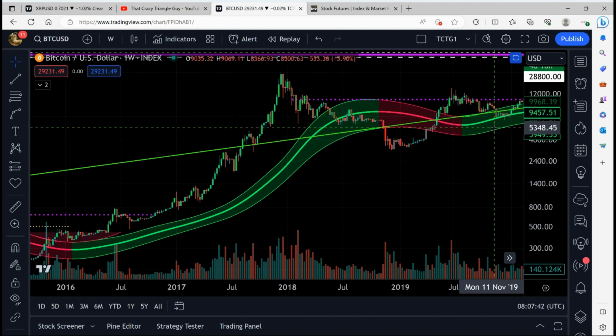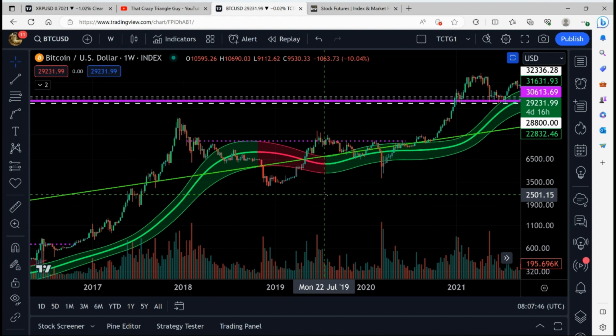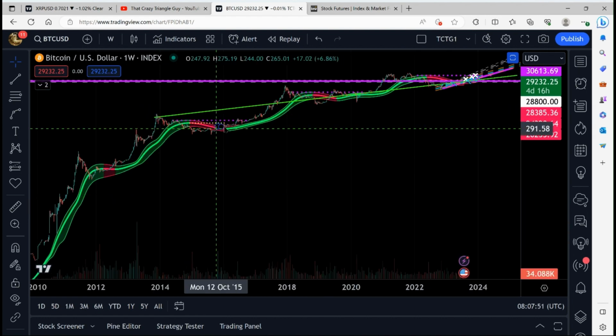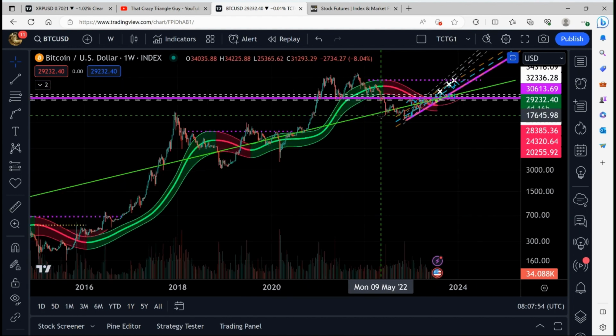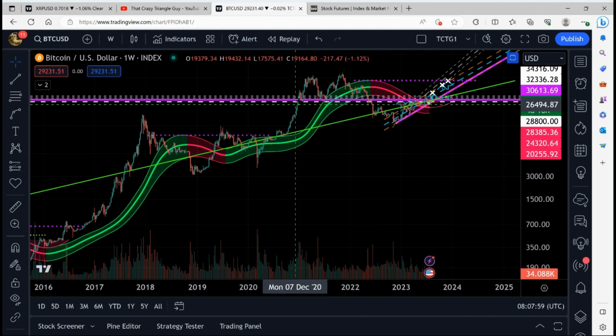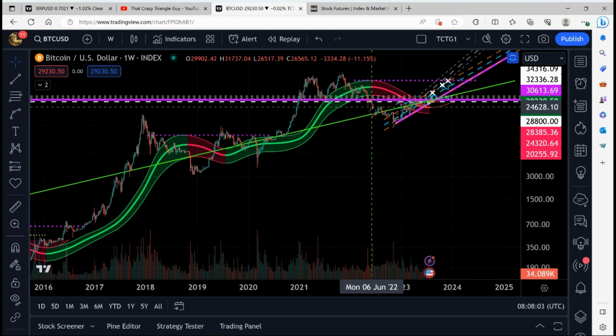And here you can see how significant this trend line has been over the years. And so we fell way below it, came up a little bit below it, kind of inchwormed along it here, came way up above it for 2021.